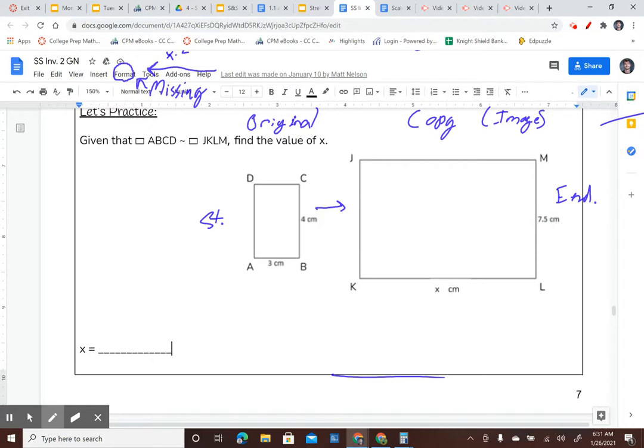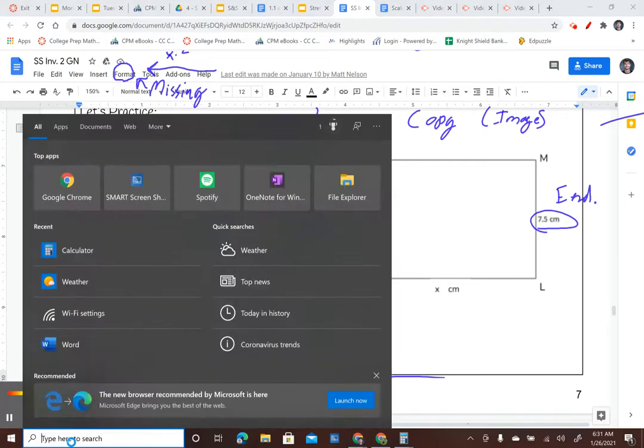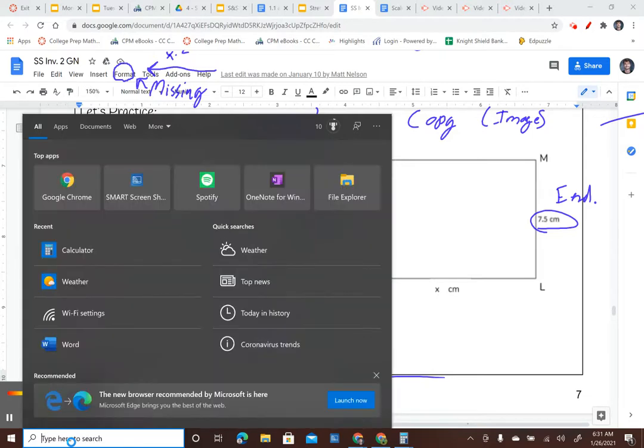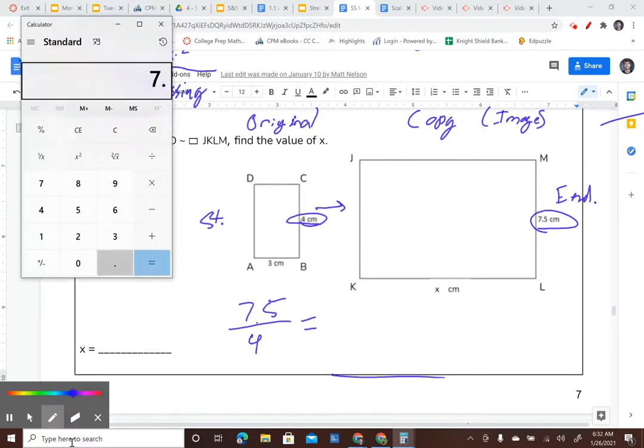So to find a scale factor, I'm going to first write it as my image 7.5 over my original 4. And if we do 7.5 divided by 4, it gives us 1.875.